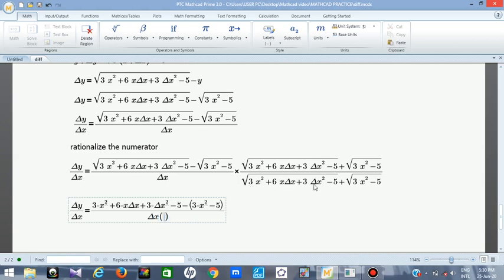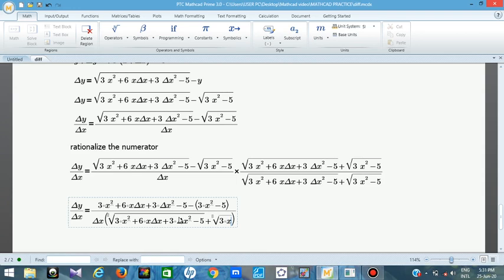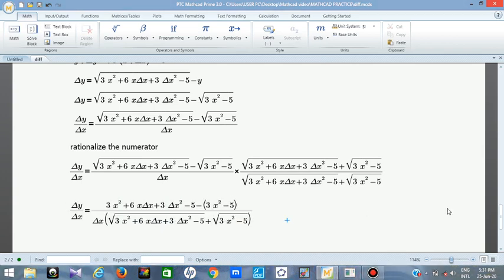You now repeat everything in this place there, which is square root 3x squared plus 6x delta x plus 3 delta x all squared, then minus 5, and plus square root again 3x squared minus 5. Yes, so that is this.